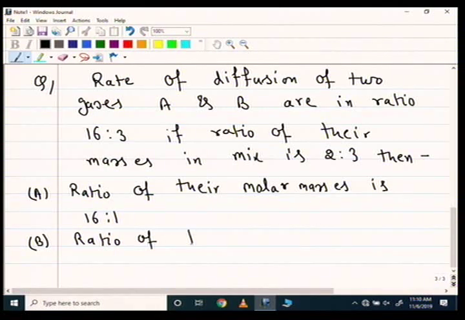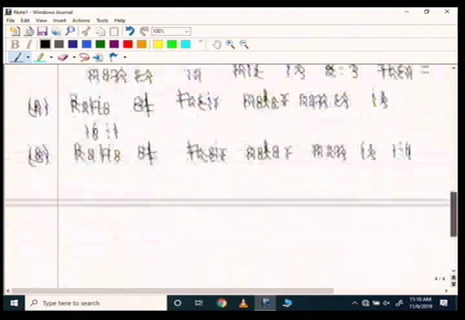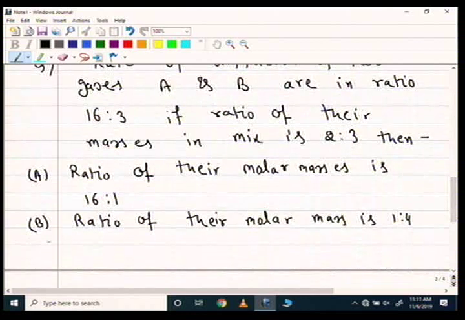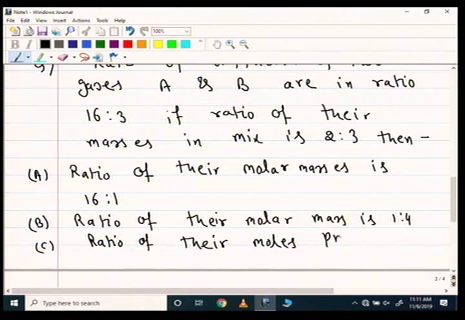Option B, ratio of their molar masses is 1:4. C, ratio of moles present is 1:24.